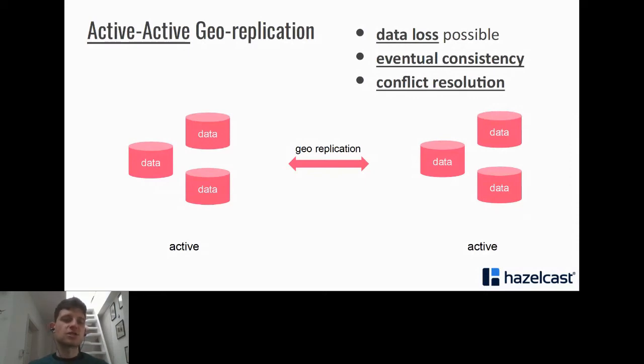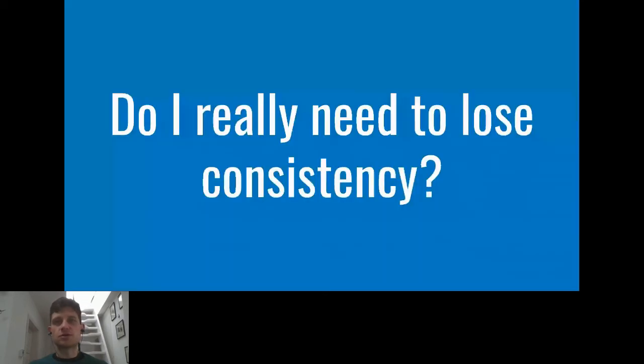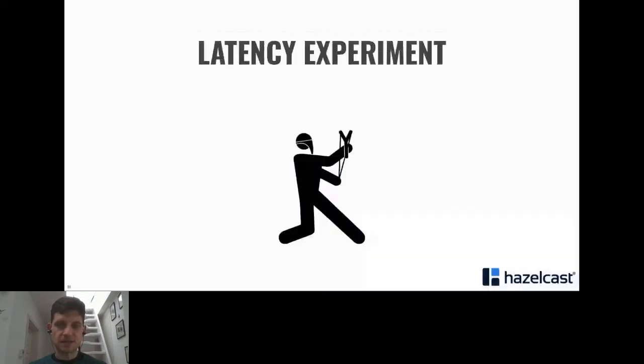Okay, you may ask the question, do I really need to lose the consistency? What if I would like to have my cluster consistent across multiple regions? So I did another latency experiment, and this time I've set up a Hazelcast cluster across multiple regions. So something we should not do. But I wanted just to check what would be the latency if we just do it.